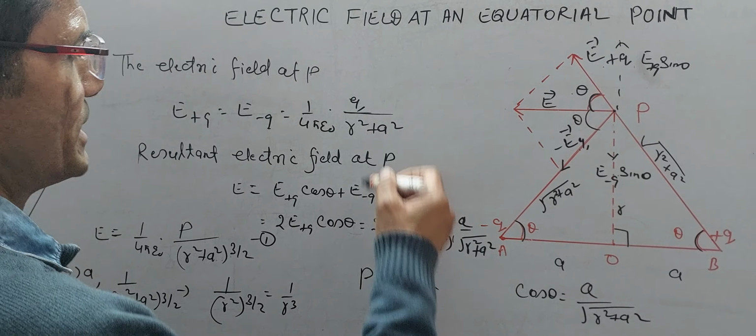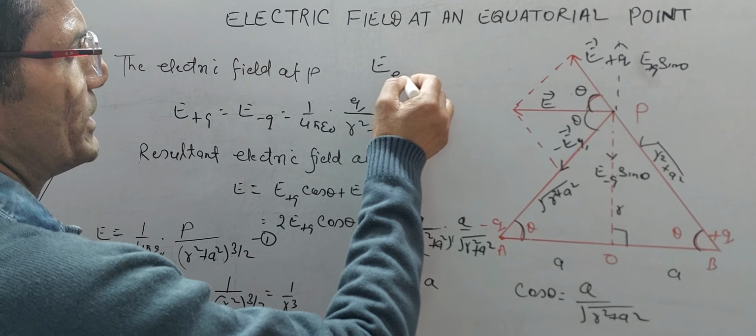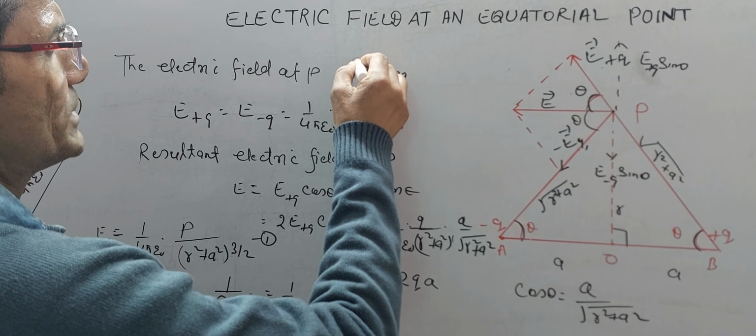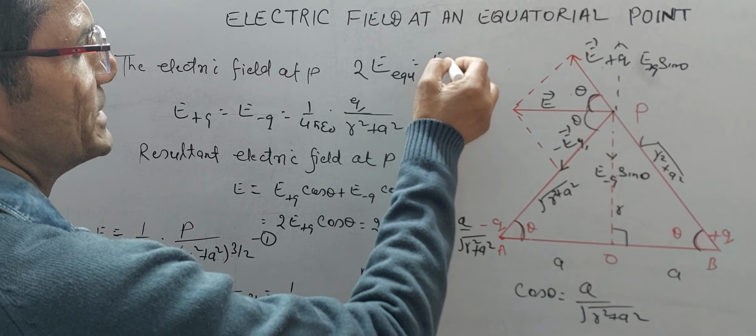Now the relation between them is: 2 times E equatorial is equal to E axial.